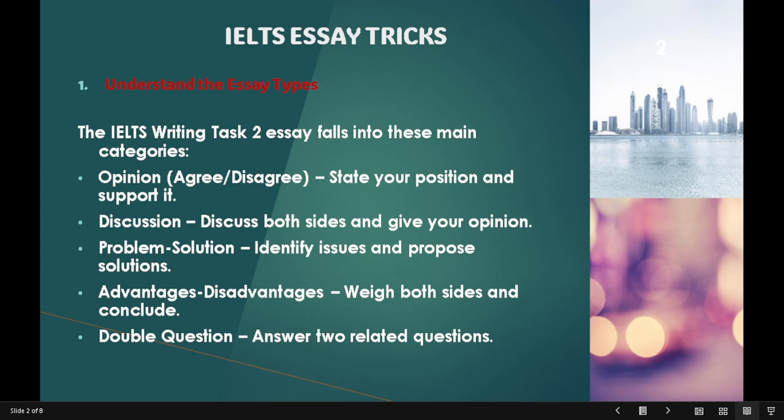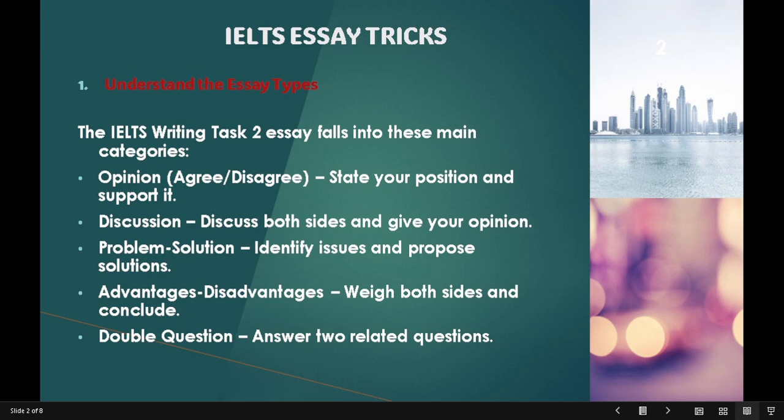Then you're asked to either agree or disagree with the statement. So that is an opinion essay. Any essay that asks you to agree or disagree with a particular statement or prompt is an opinion essay, where you're asked to state your position and support that particular position you stated.